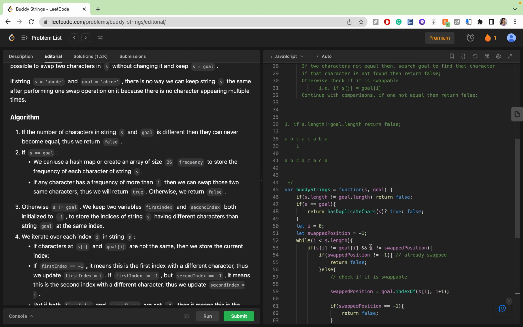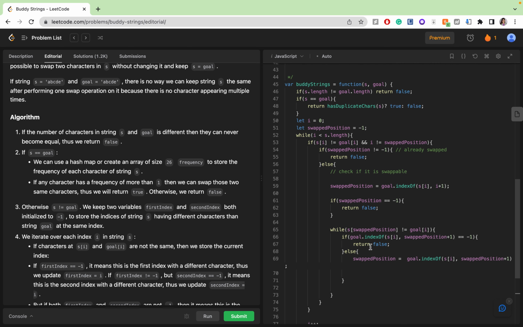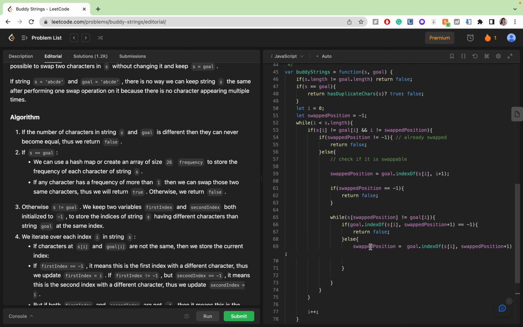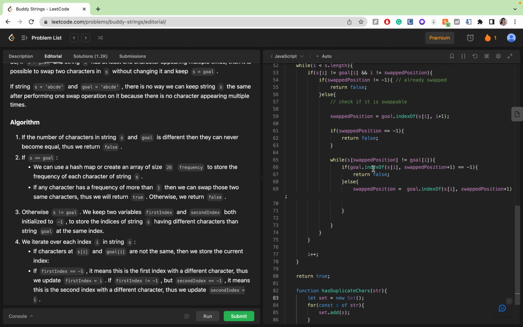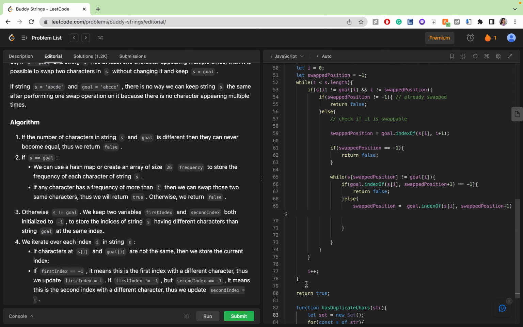So anyway, time complexity is O of 1 and space complexity is O of 1. Okay. So yeah, this is my main solution.